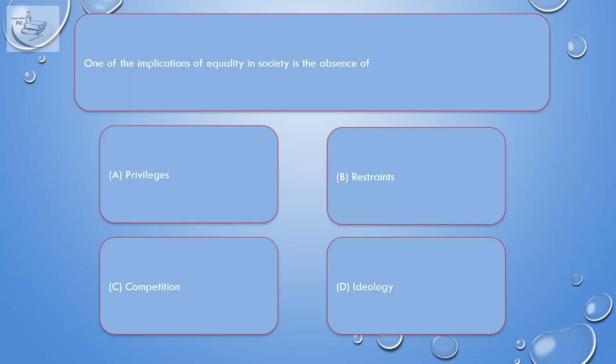Question: One of the implications of equality in society is the absence of A. Privileges. B. Restraints. C. Competition. D. Ideology.